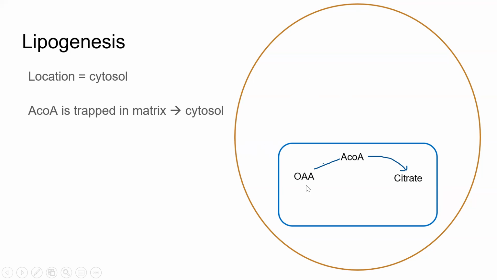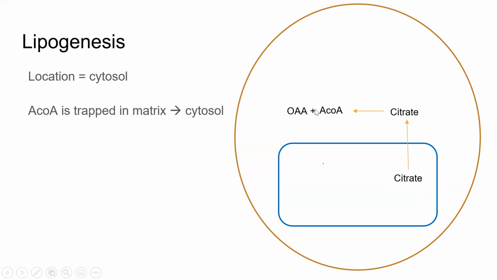In order to do that, OAA is going to combine with acetyl-CoA, such as in those first steps of the Krebs cycle, to become citrate. At that point, citrate can actually escape the matrix and come into the cytosol. From there, citrate is going to get broken down into oxaloacetate, OAA, and acetyl-CoA.